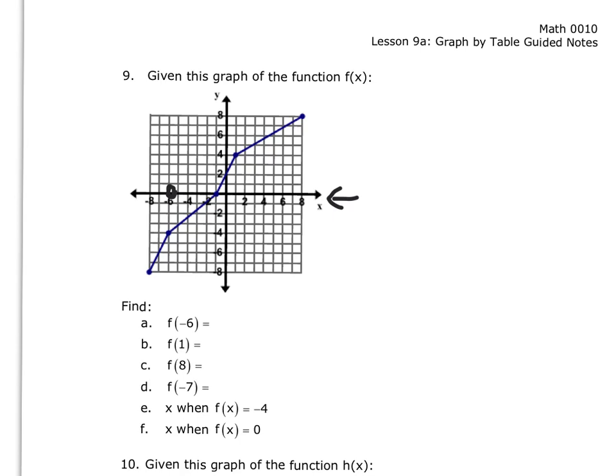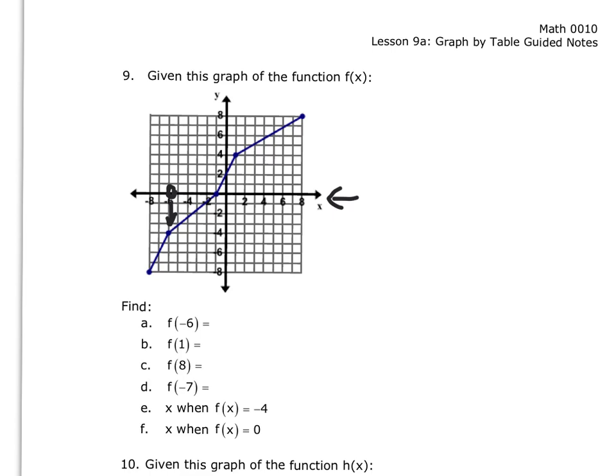Now that's not the function value. The function value is where the graph crosses where x is -6. So in this case, we're going to look down. The point where f is -6 is down here at a y value of -4.